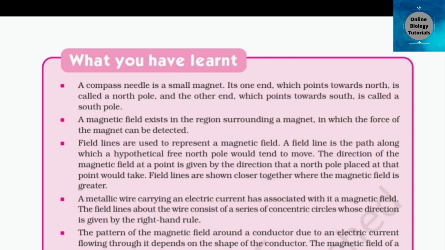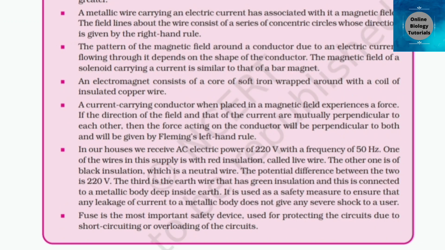A metallic wire carrying an electric current has associated with it a magnetic field. The field lines about the wire consist of a series of concentric circles, whose direction is given by the right-hand rule. The pattern of the magnetic field around a conductor due to an electric current flowing through it depends on the shape of the conductor. The magnetic field of a solenoid carrying a current is similar to that of a bar magnet.